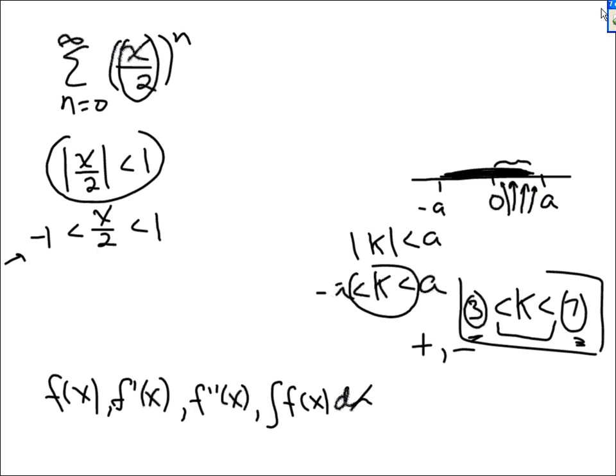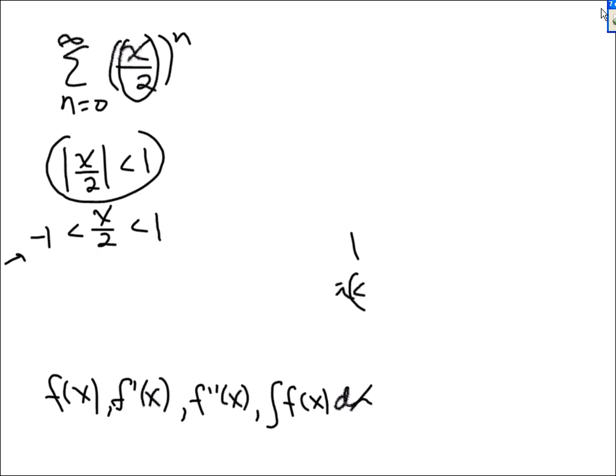Okay, so now to finish up our problem on the left, we multiply all sides by 2, and we'll be done. Negative 2, x, and 2. The problem says find the interval of convergence. So we know it converges between negative 2 and 2. The question is, does it converge at the endpoints?